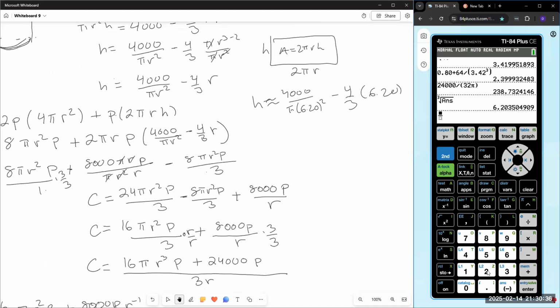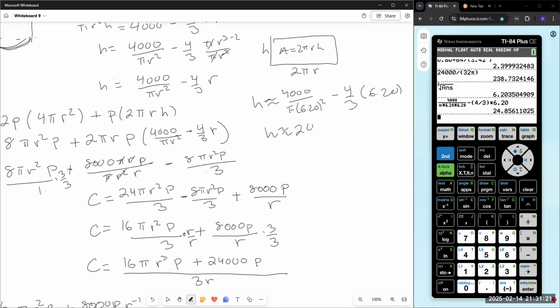Alpha y equals n over d, 4,000 over pi times 6.20 times 6.20 minus 4/3 times 6.20 is going to be roughly 24.86.